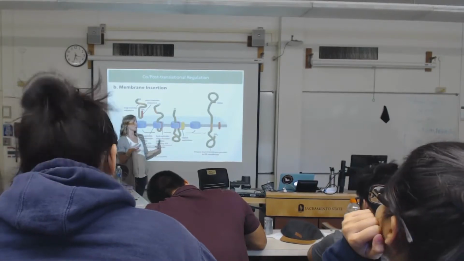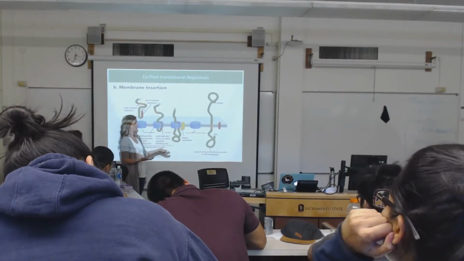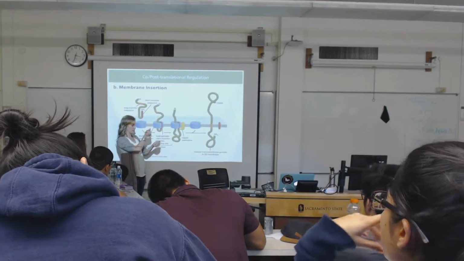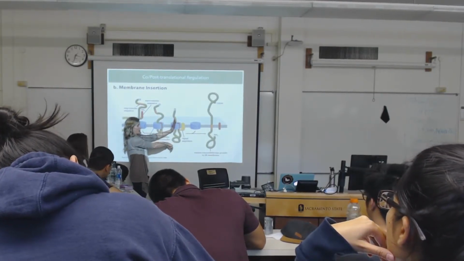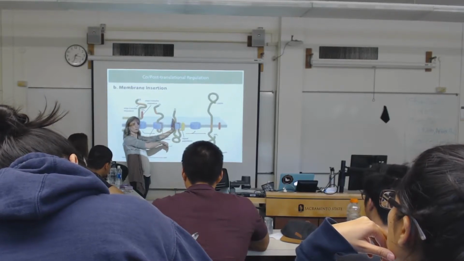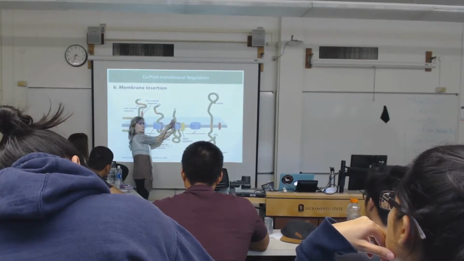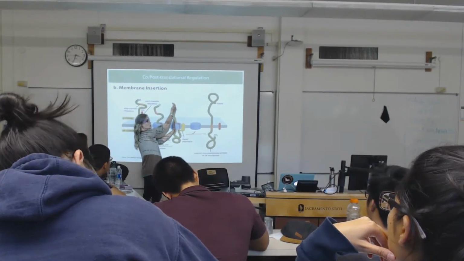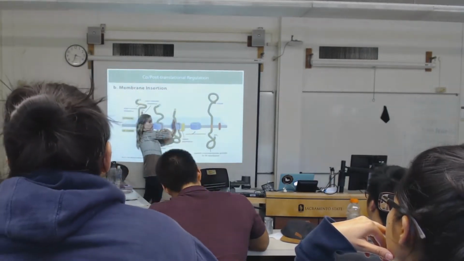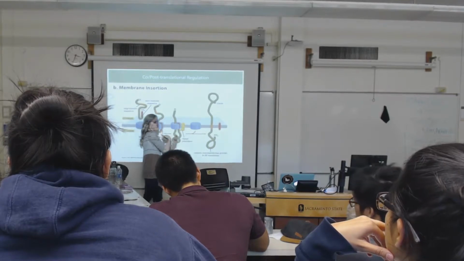The peptide says start transferring now, protein translocator. So it binds and translation proceeds, and if it gets to a stop transfer, it goes, okay, we'll just embed this part in the membrane too and continue translation. If there's another start transfer, that will start getting transferred across the membrane as well.